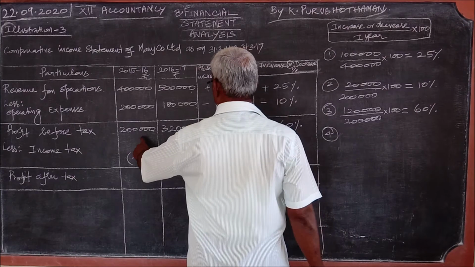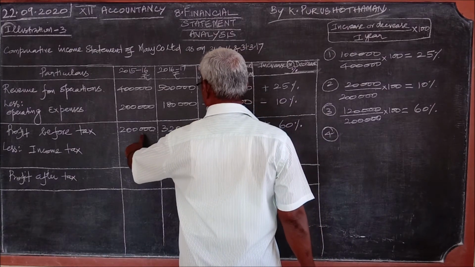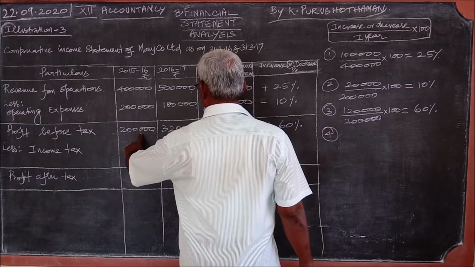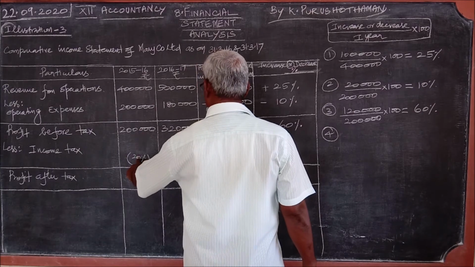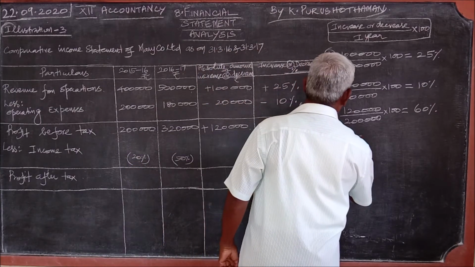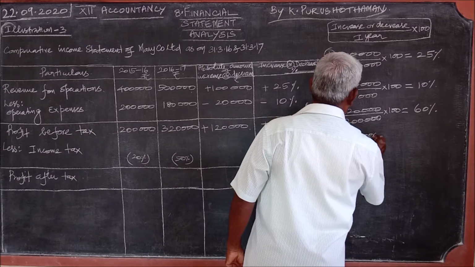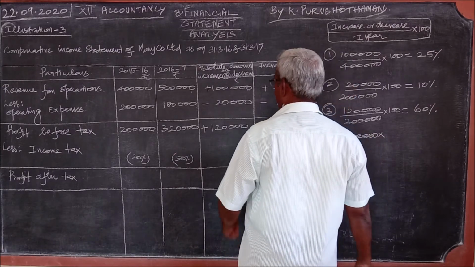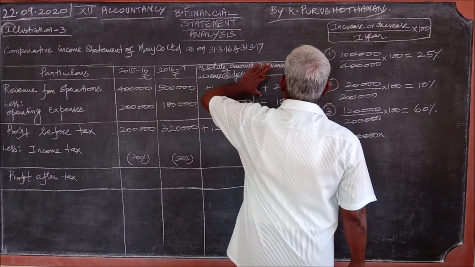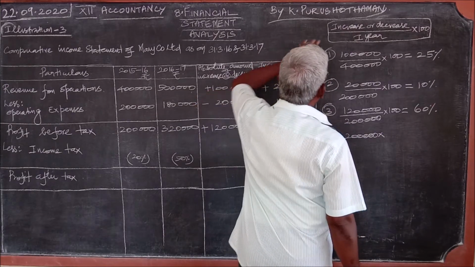Only for the profit we should calculate the income tax. First year profit 2 lakhs, for that income tax 20%. This calculation only is different. For the others, to find the increase or decrease percentage, we used this formula.